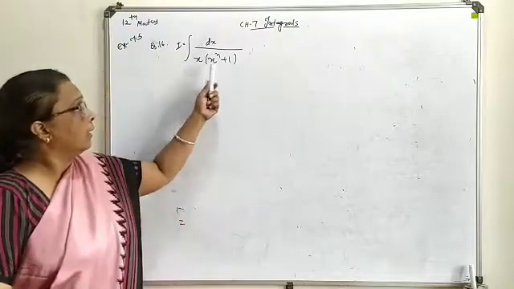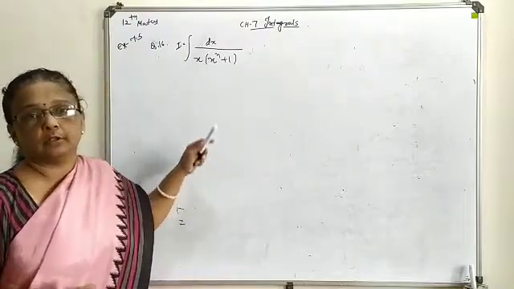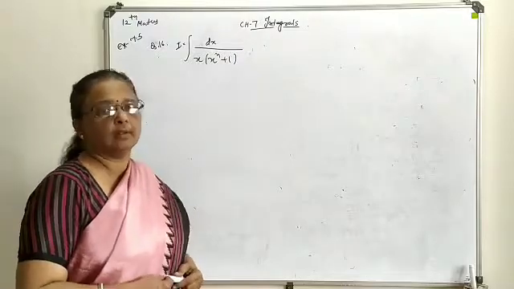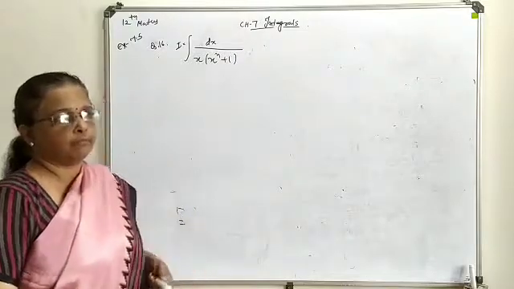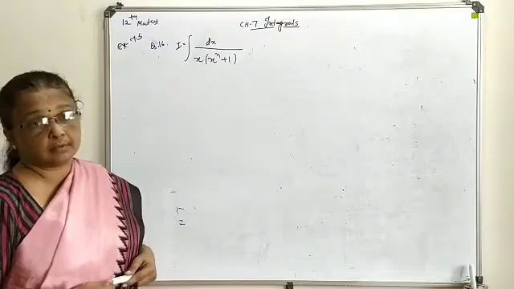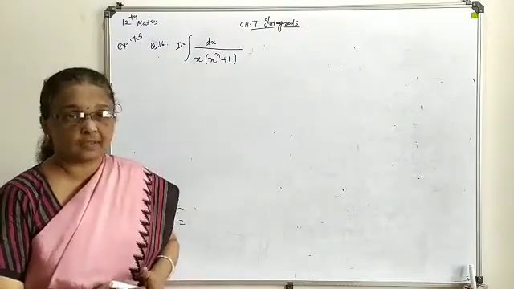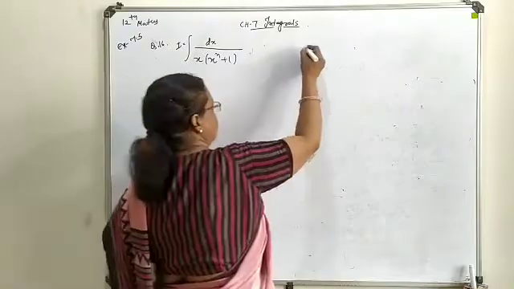So here first of all we are going to turn your question in such a way that factorization is possible easily, or partial fractions you can introduce easily. Now here first of all x power n we are going to suppose as t.